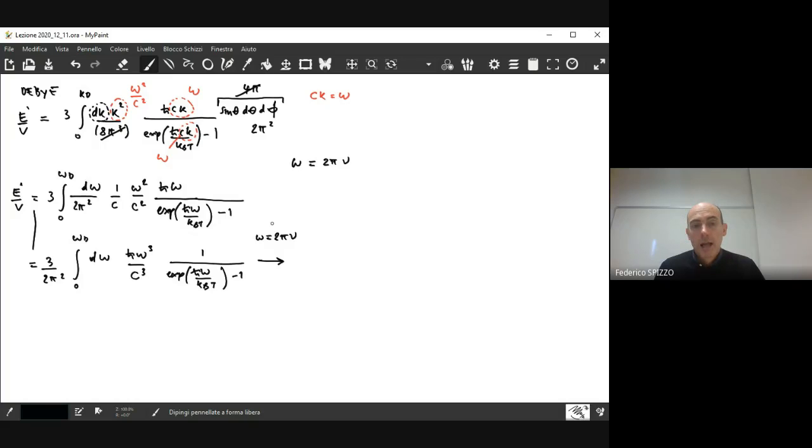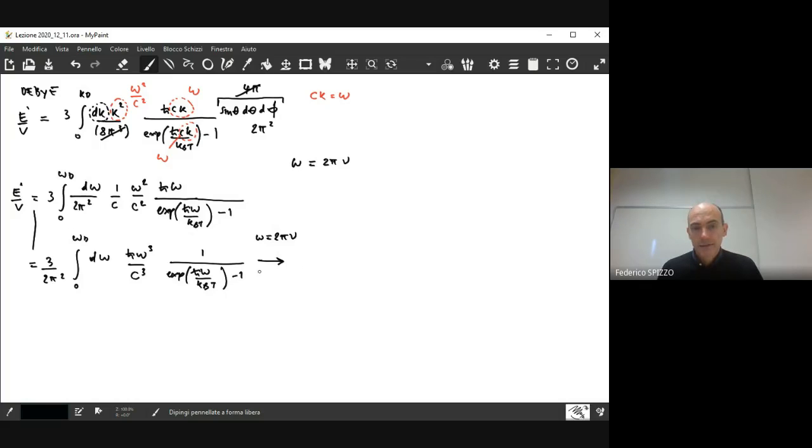So I would just like to rewrite this integral concerning phonons using the same variables that were used for photons. In that case, the variable of integration was the frequency of the photons. So that's why I would like to rewrite omega as a function of the frequency, to try to write down an expression that has the same variables as the black body case.